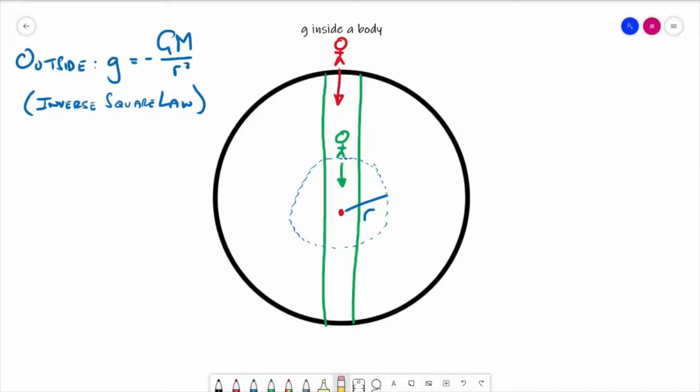Now, in order to see what happens next, we're going to make one key assumption. We're going to assume that the body has a uniform density.